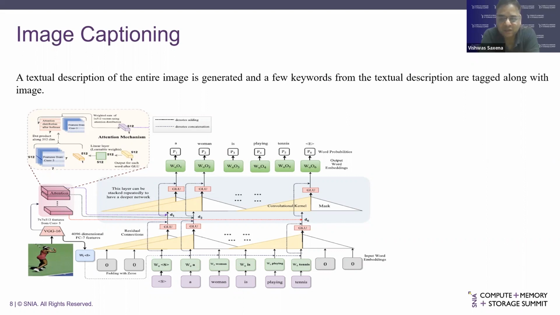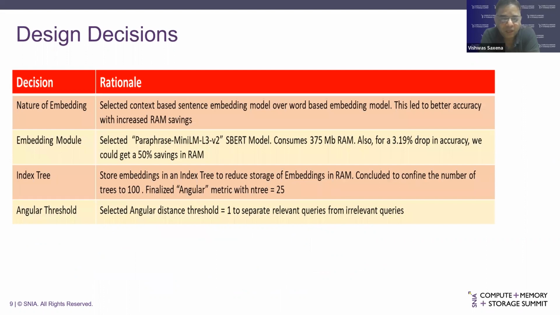So that's how we pick an image captioning model. In terms of design decisions for this uniform embedding model, there are four main decisions, which are basically the nature of embedding.